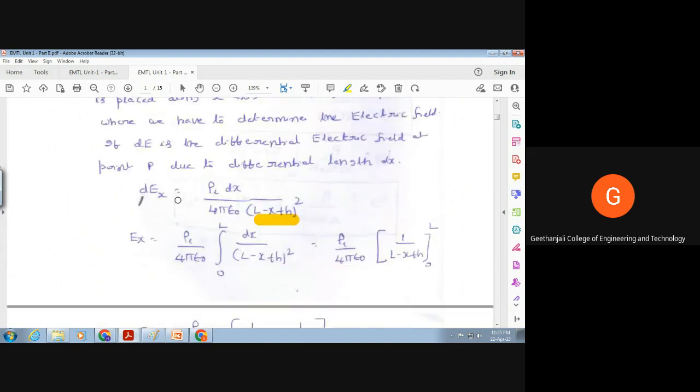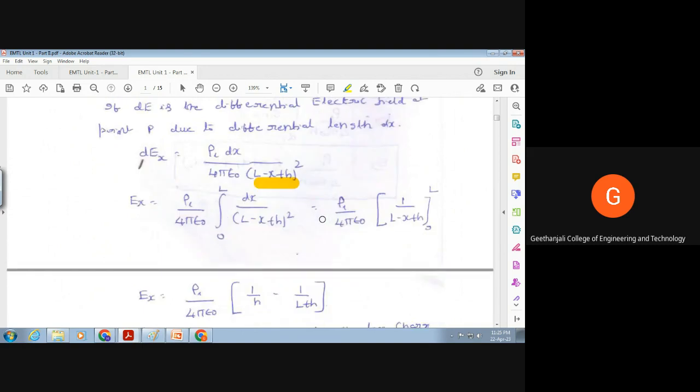What is this direction? x. So dEx is given by rho L into dx by 4 pi epsilon naught (L minus x plus h) whole square. So what is Ex? Rho L by 4 pi epsilon naught integral dx by (L minus x plus h) whole square. Now I can straight away integrate this because there is only one variable, x.